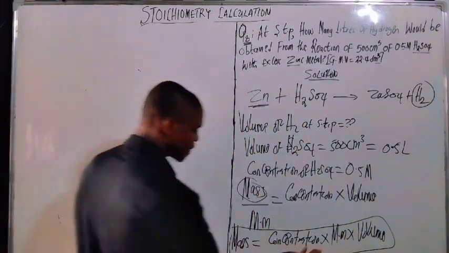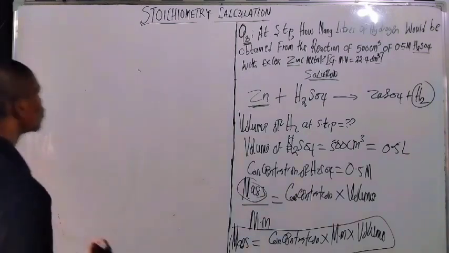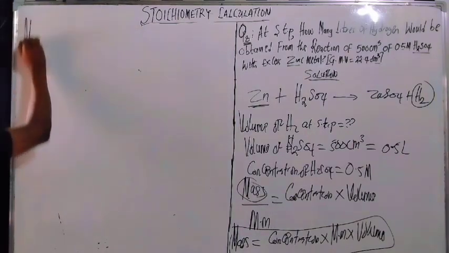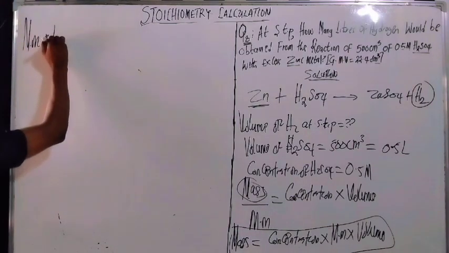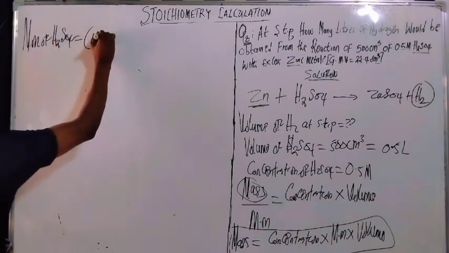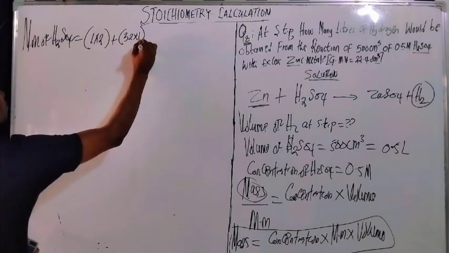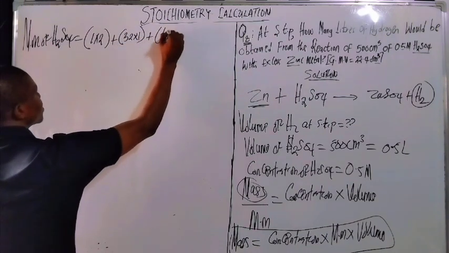So first, let's calculate the molar mass of H2SO4. Molar mass of H2SO4 is equal to 1 times 2, plus 32 times 1, plus 16 times 4.